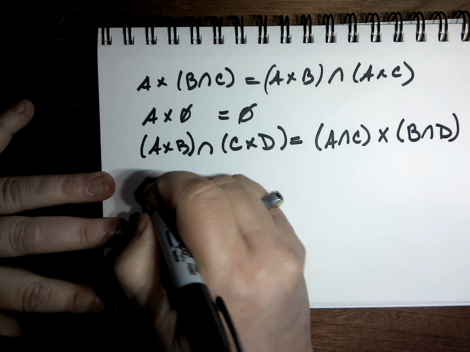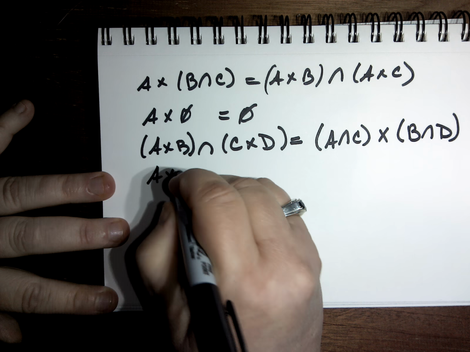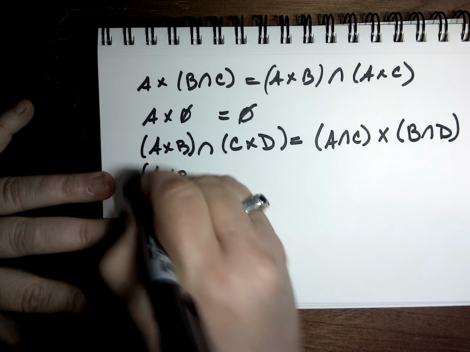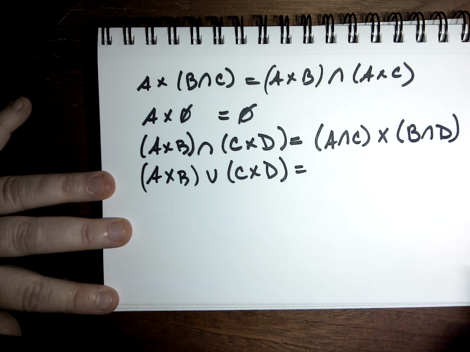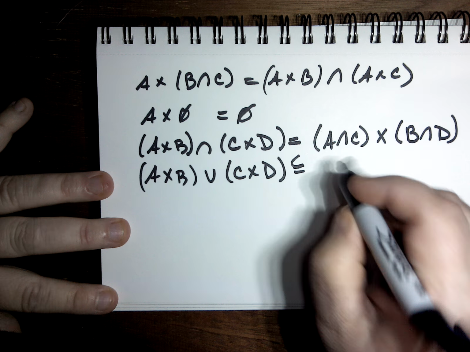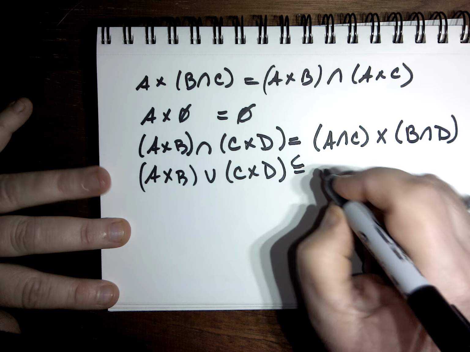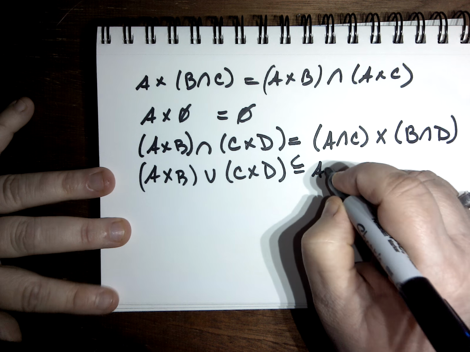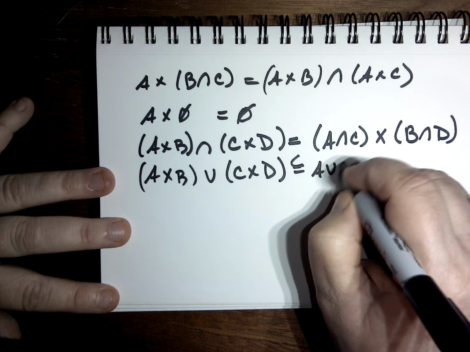What about union? (A cross B) union (C cross D) is equal to, no, it's not. It's actually a subset of (A union C) cross (B union D).